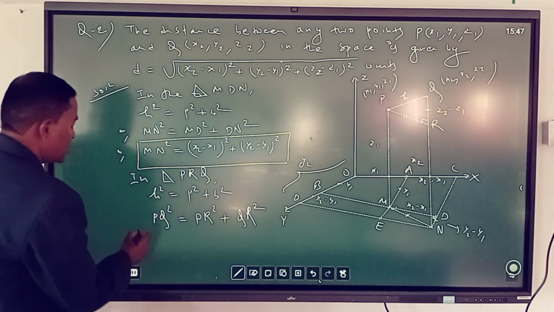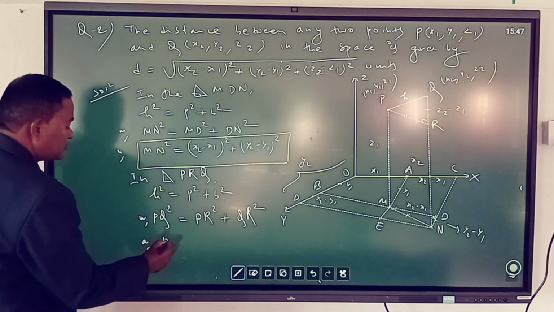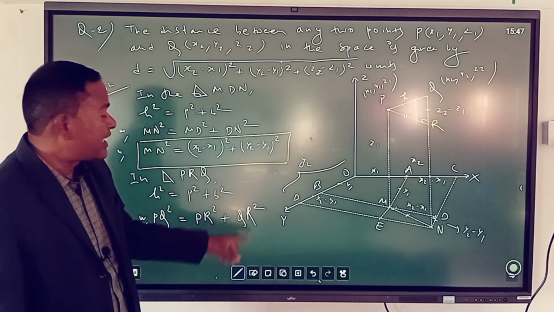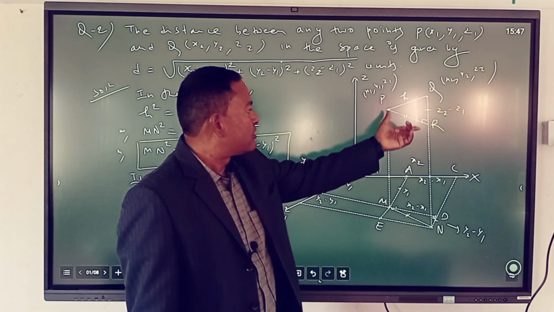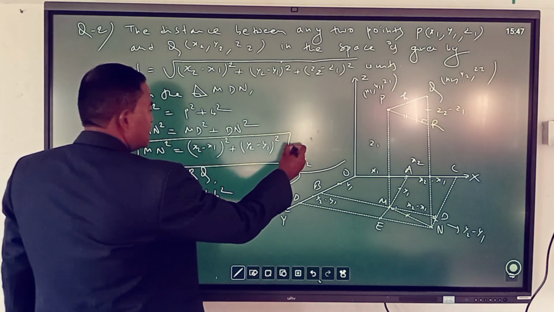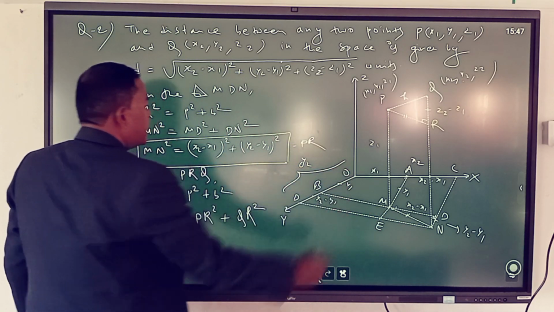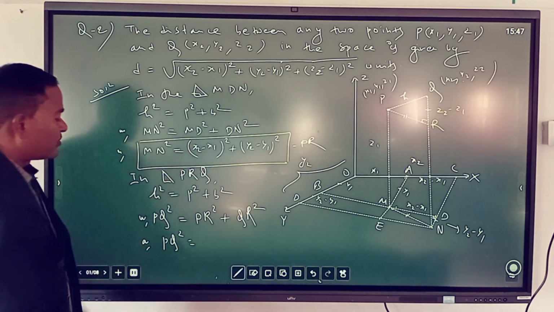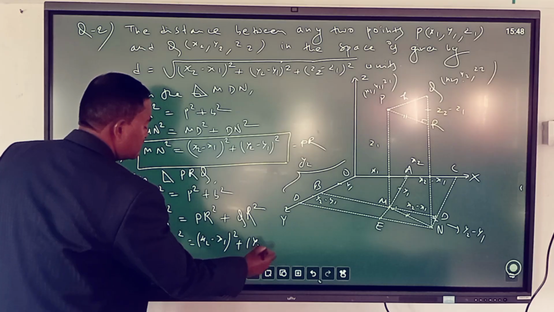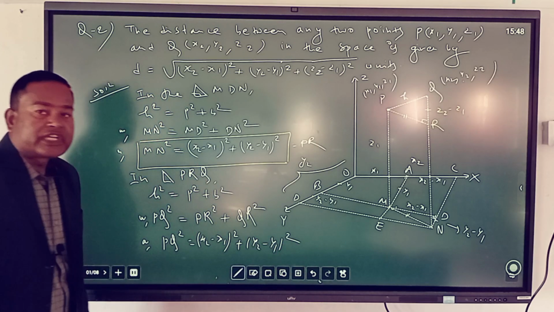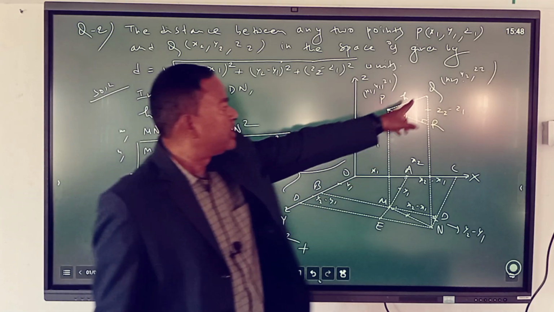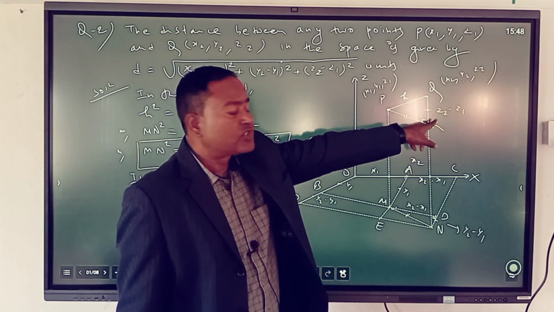So dear student, if we substitute the corresponding values of PR and QR, let's substitute the value of PR. PR is equal to MN, and the value of MN square is x2 minus x1 whole square plus y2 minus y1 whole square, plus, now QR, the measure of QR from the construction, is Z2 minus Z1.